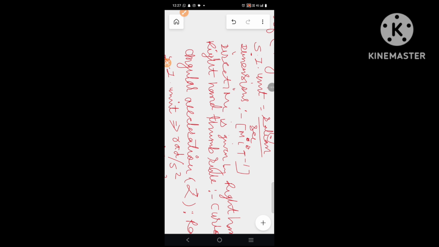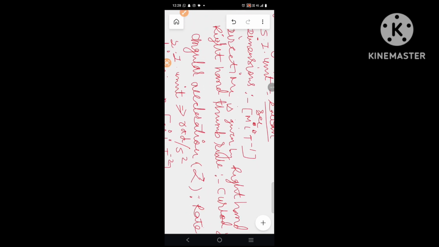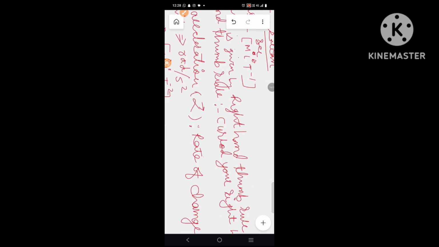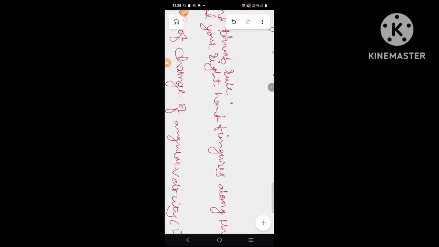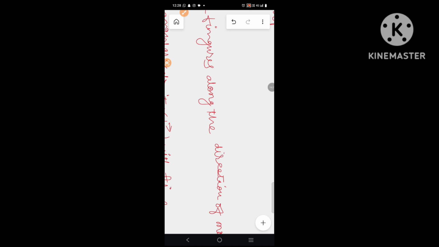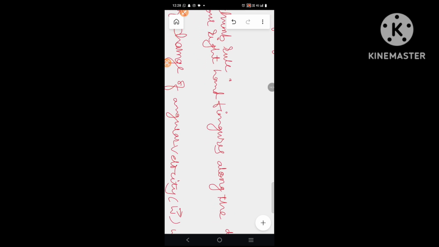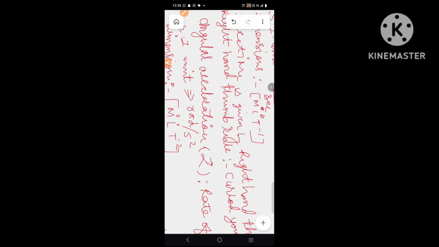What will be the direction of this angular velocity? The direction of angular velocity is given by the right hand thumb rule. What is the right hand thumb rule? Consider your right hand, curve the fingers of your right hand along the direction in which the particle is moving.